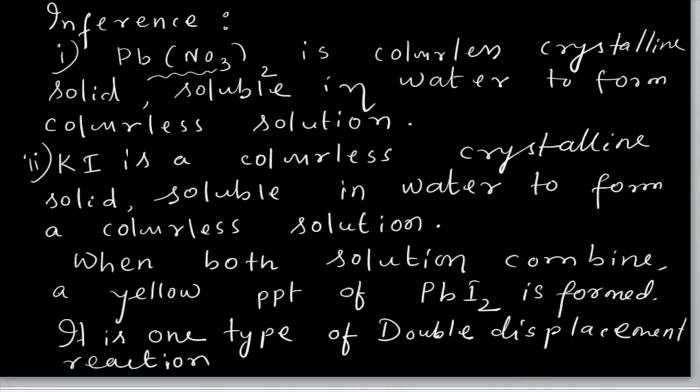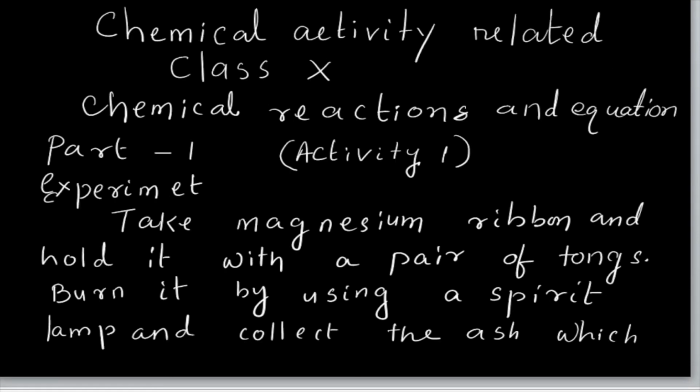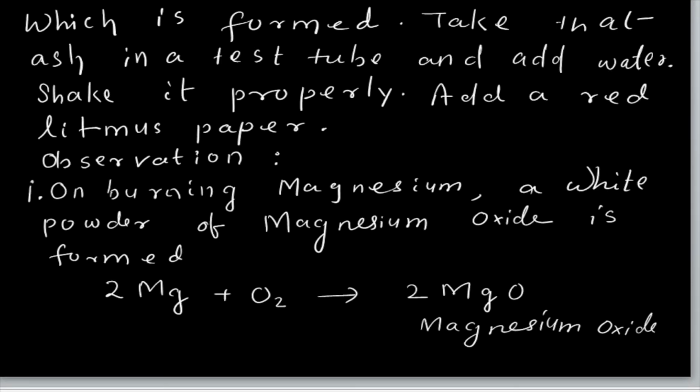So I hope it is clear. Again, come back to magnesium. Here what happens? Magnesium burns and gives a white ash, that is magnesium oxide. This is experiment 1. Then magnesium oxide when reacted with water produces magnesium hydroxide.